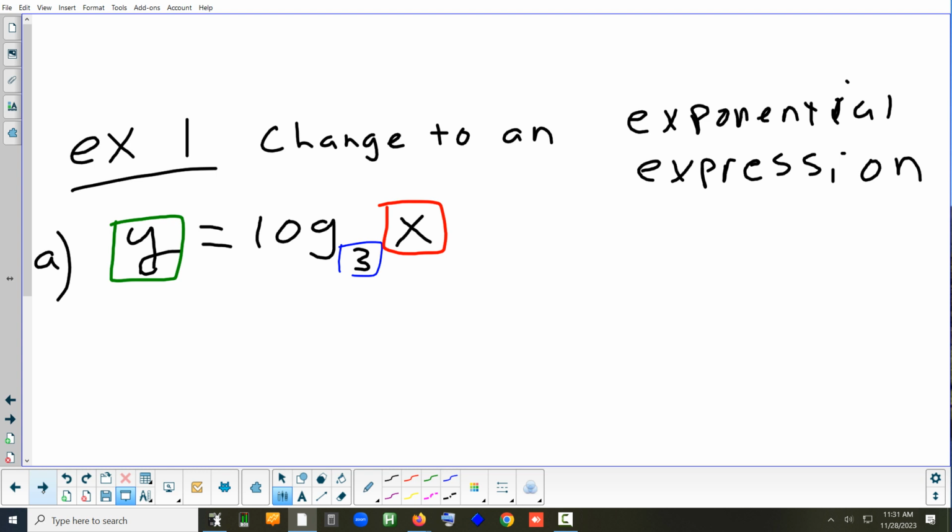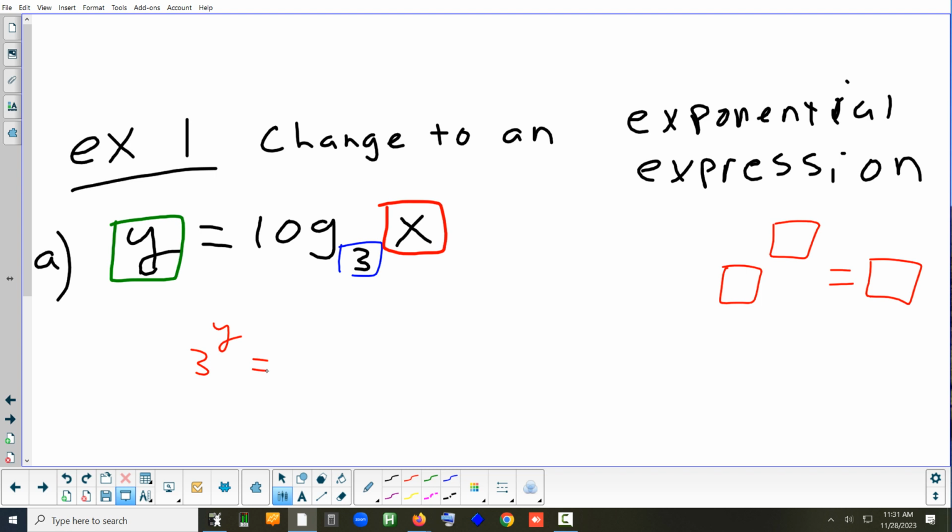Okay, so remember what it's going to look like. Base, exponent, something on the other side. We just have to fill those boxes in. Okay, so what's our base? 3. Base is 3. Logarithm always equals what kind of number? Exponent.